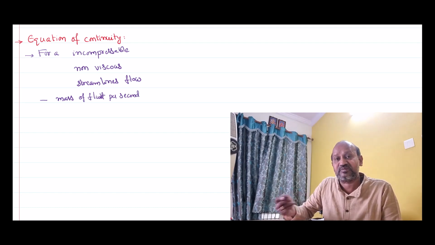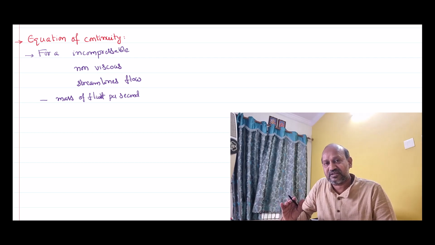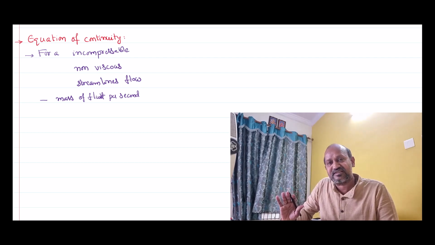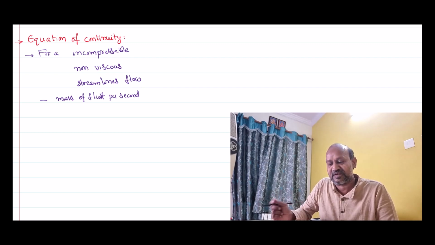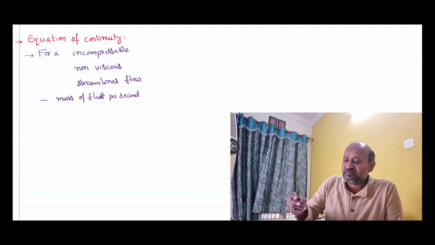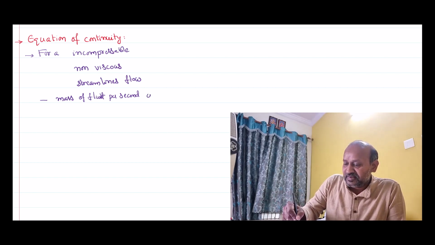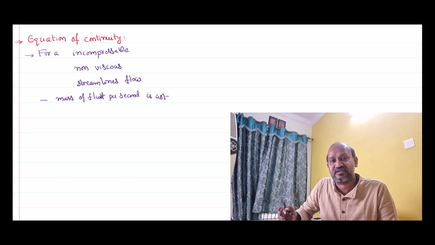That means whatever mass of the fluid enters a system comes out of the system, which is to simply say that the system is not going to eat up any of the mass. It's just like a conservation of mass. Whatever mass enters, it's the mass that comes out. So the mass of the fluid per second is constant, or the mass that comes in is the mass that goes out per second, is the equation of continuity.